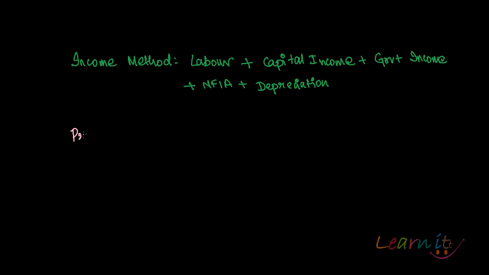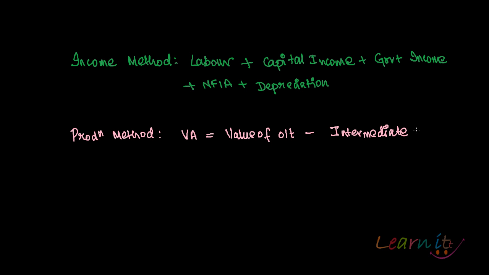What happens in the production method? In the production method, you are calculating the value added by each industry. So for example, you calculate the value of output for bread production, the price at which bread is selling and the quantity of bread produced.